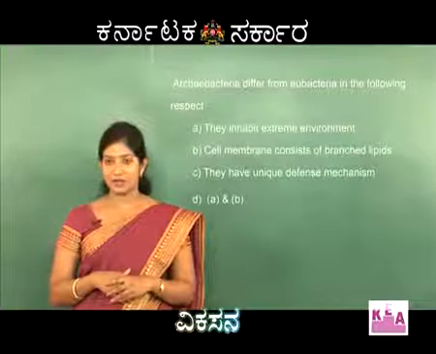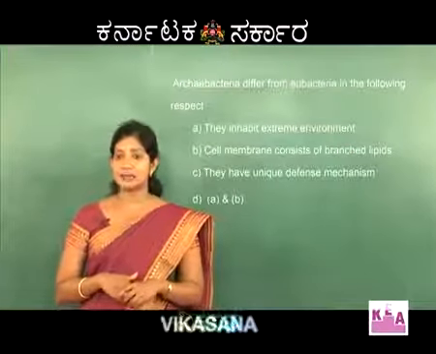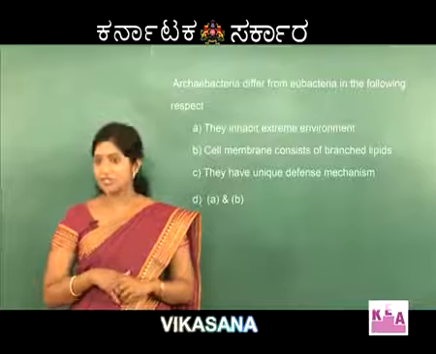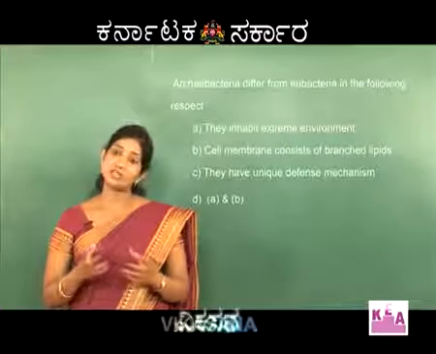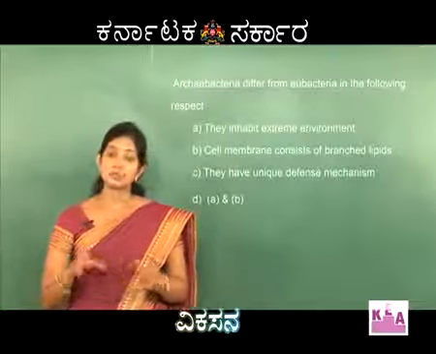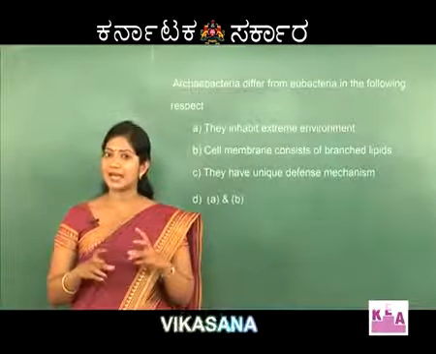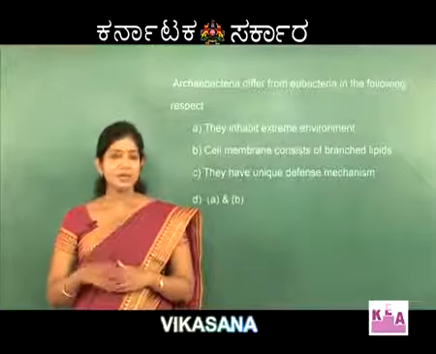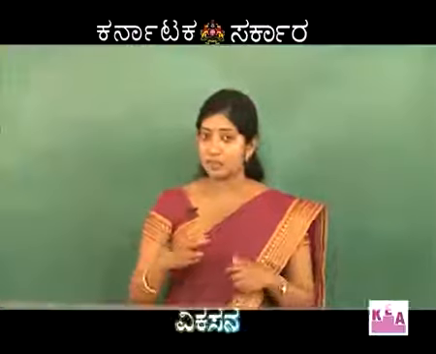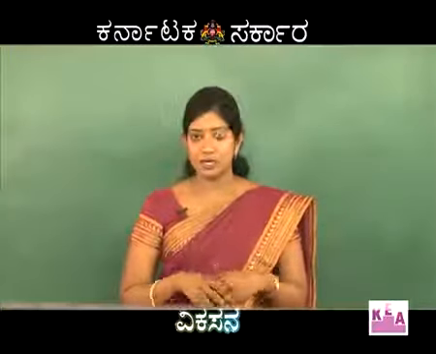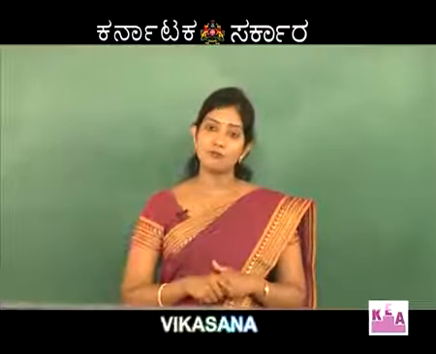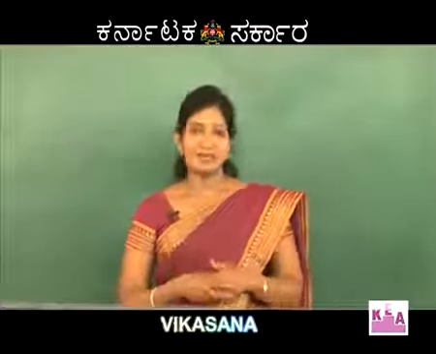How do they survive? The reason for this is, if you observe the cell wall of archaebacteria, it is not made up of peptidoglycan. It consists of a non-cellulosic polysaccharide as well as proteins. In some members, we also come across pseudomurein. Now, the cell membrane is made up of a monolayer of branched chain lipids.